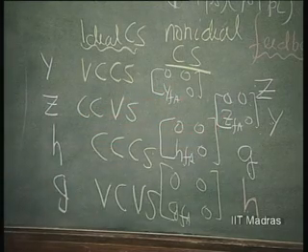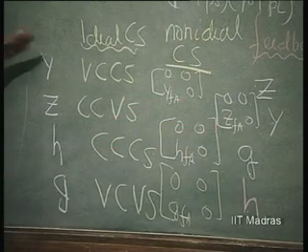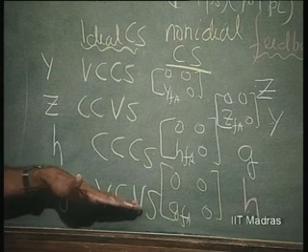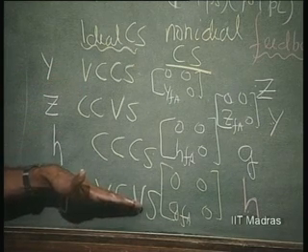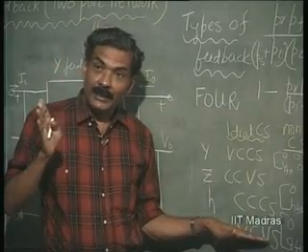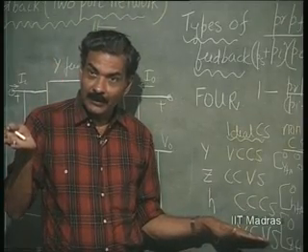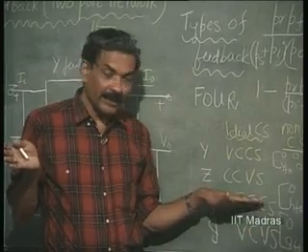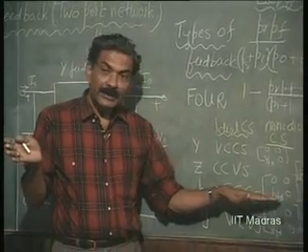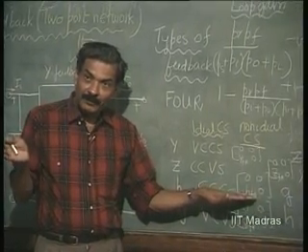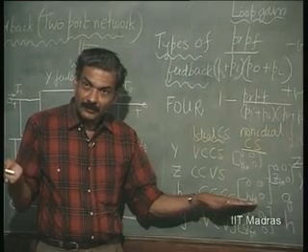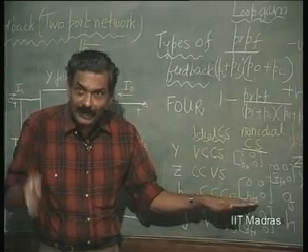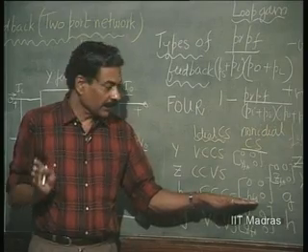This is what you have to remember: if it is a voltage controlled voltage source, it is only the voltage gain whose bandwidth is improved, not the current gain. Current gain may not have its bandwidth improving. The purpose is not that. Similarly, if it is a current controlled current source, it is only the current gain whose bandwidth is improved, may not be for voltage gain. This is again something that you have to understand.